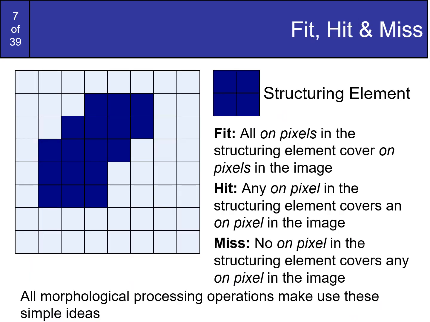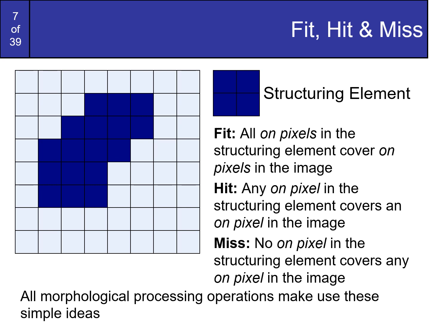Okay, we now already learned what a structuring element is, and here in the slide there is a structuring element of 2 by 2, which you can see here. Now we want to know the second element required in morphological image processing.